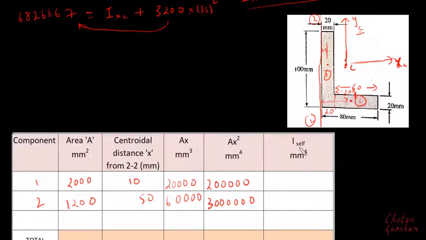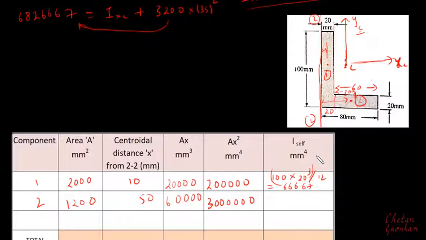Then we need to find I self of this first component with respect to y-axis. So with respect to y-axis, IY will be, now this is d and this is b, so I self will be d b cube by 12, that is 100 multiplied by 20 cube divided by 12. So then this will be equal to 66667.